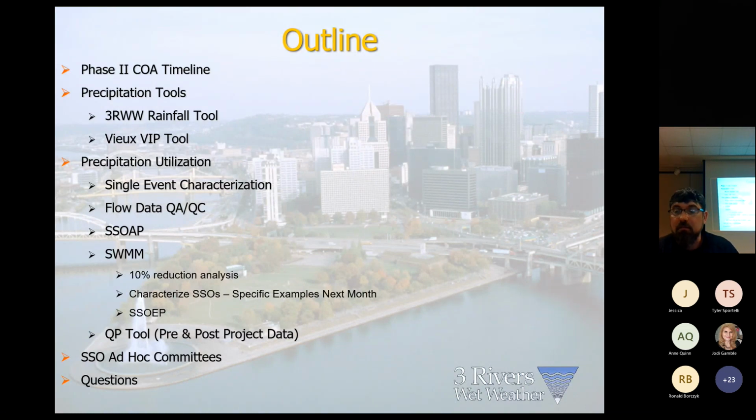And then that leads to looking at 10% reduction projects, characterizing SSOs, and working on your SSO elimination plans. And then also even for the QP tool that we've presented previously and was used a lot for the baseline due diligence efforts. Then we'll go into the SSO ad hoc committees and any questions from there.